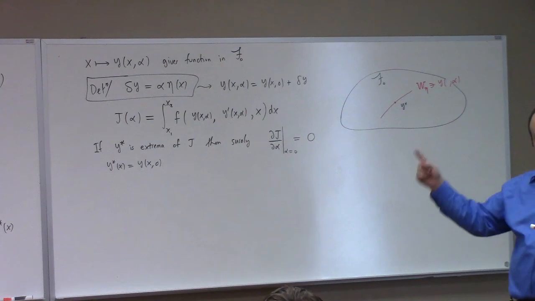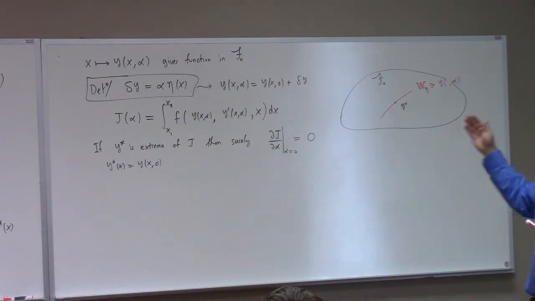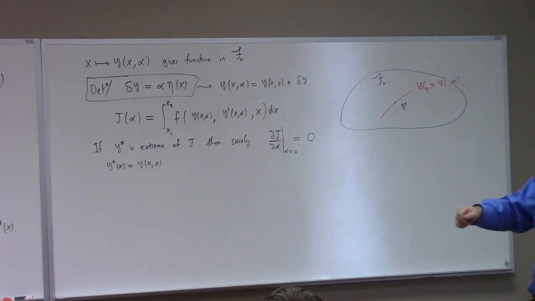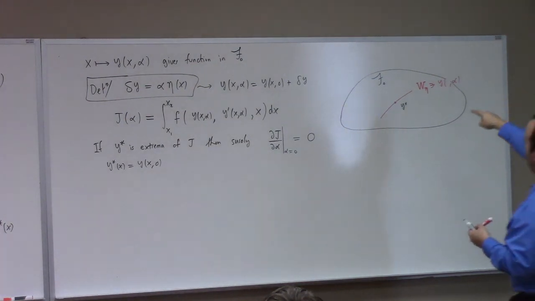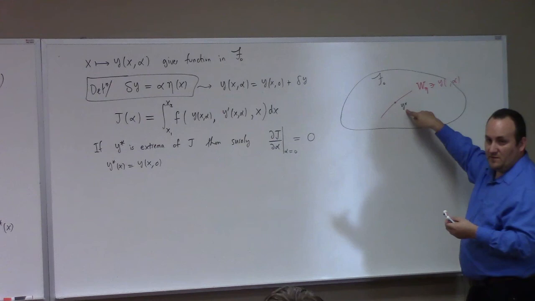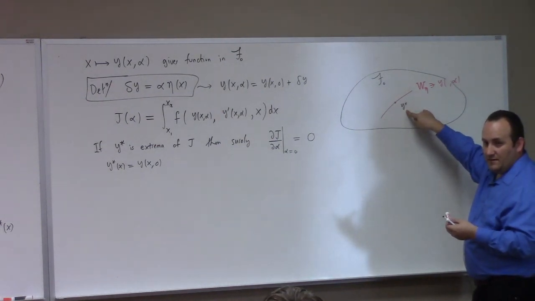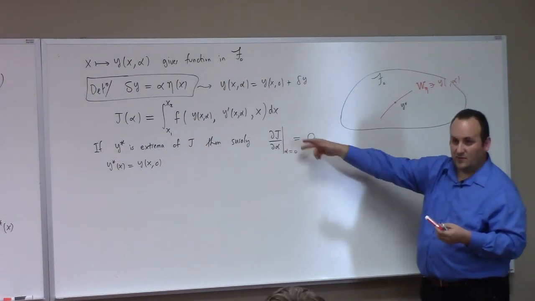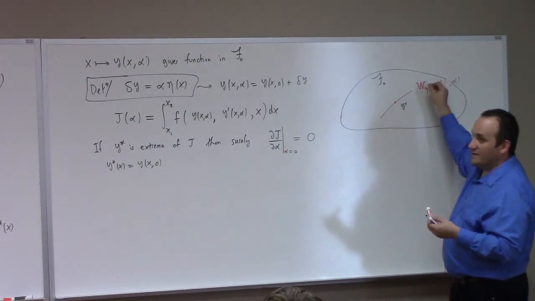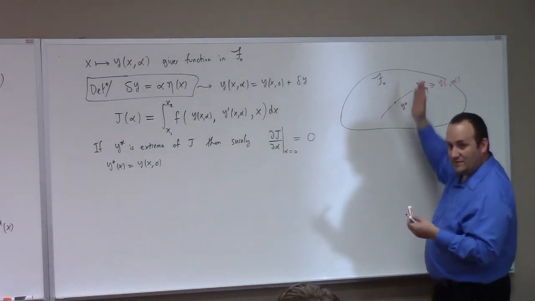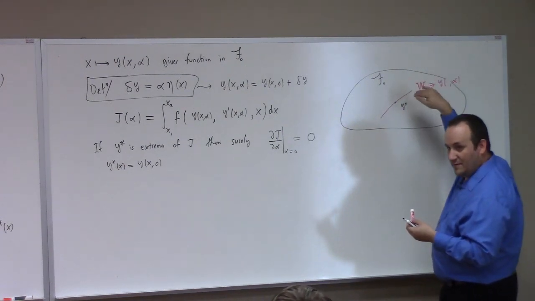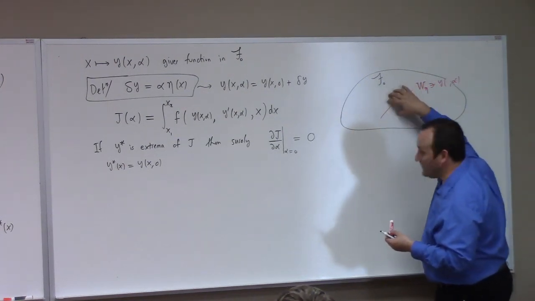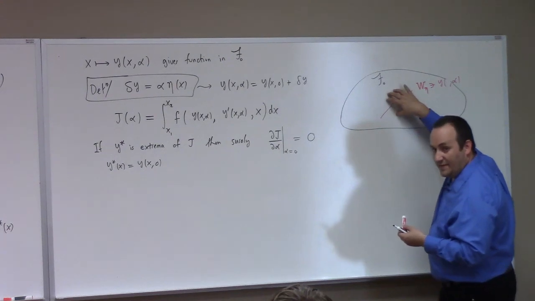As alpha varies, we go along this subspace of function space, W eta. But if this is an extreme value of the functional, then this real partial derivative is 0, because if it's an extremum for all possible directions in the function space, it must be an extremal for this particular restriction to this particular path in function space.